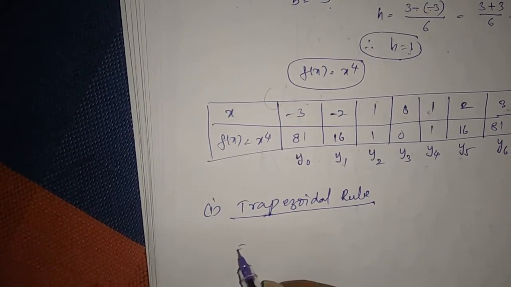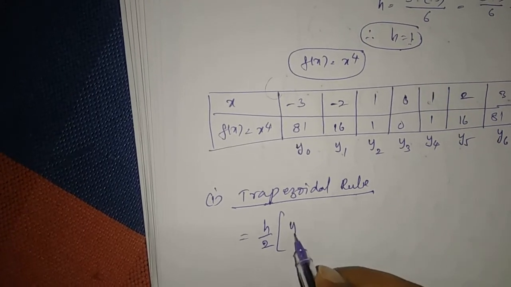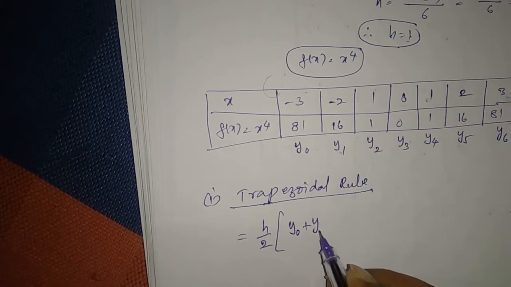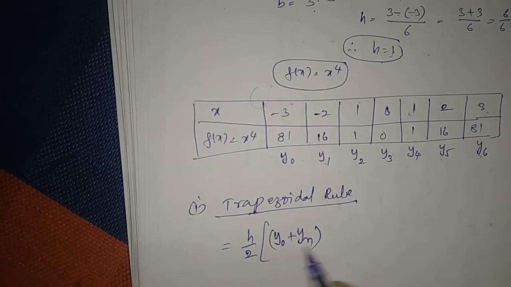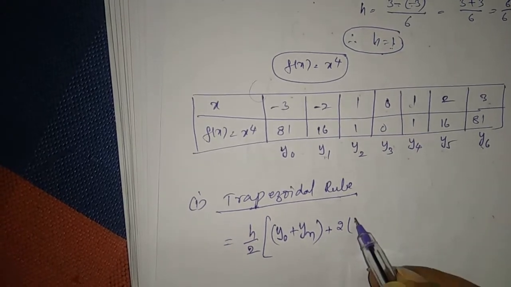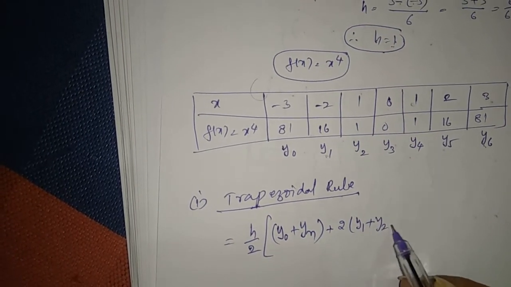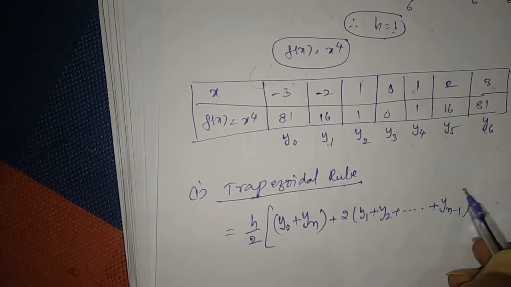The trapezoidal rule formula is h by 2 whole into y0 plus yn, here yn value is y6, plus 2 into the sum of all the remaining, y1 plus y2 plus so on plus y of n minus 1.